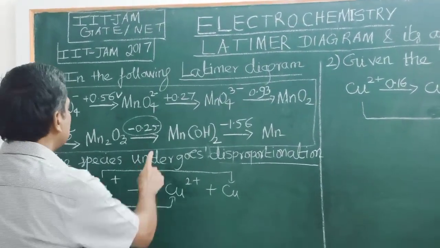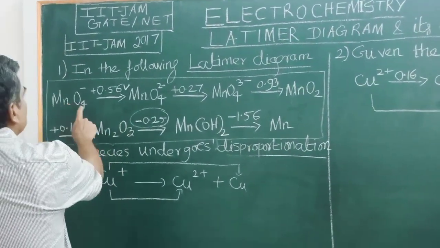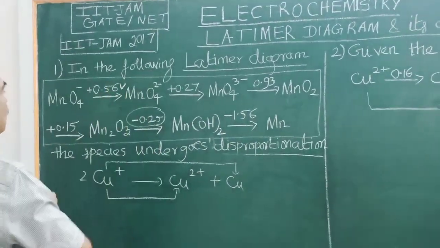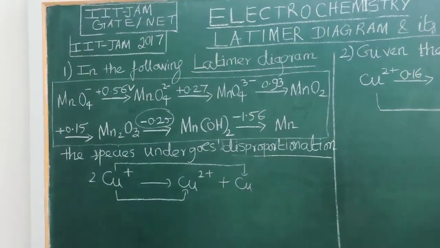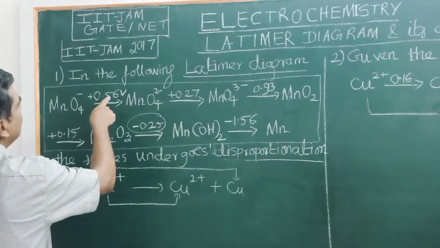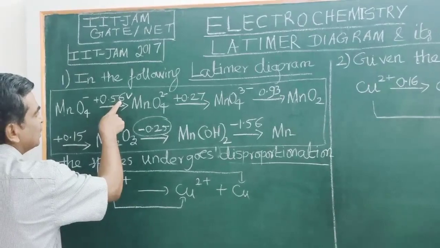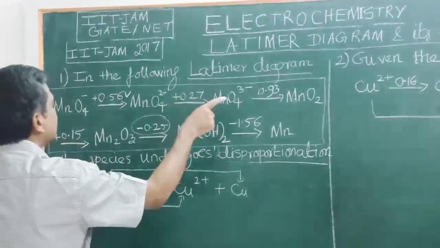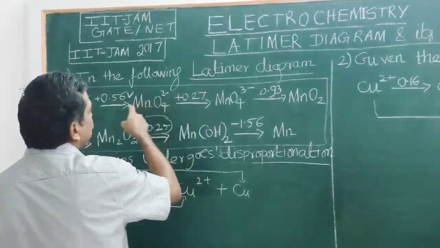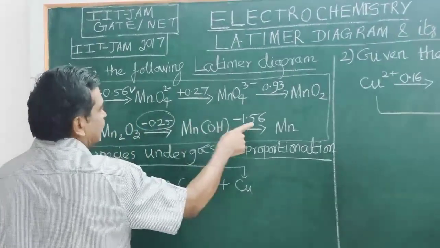Now in this question, there are several species, 1, 2, 3, 4, 5, 6, 7. Which species undergoes disproportionation? As you see from left to right, it starts at plus 0.56 and is decreasing. According to the Latimer diagram, the value should decrease as we go from left to right.